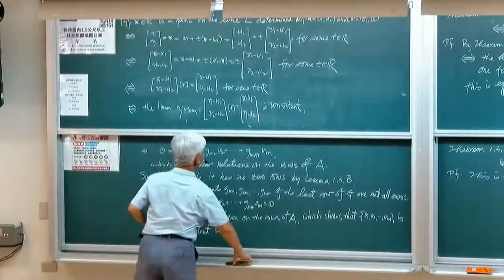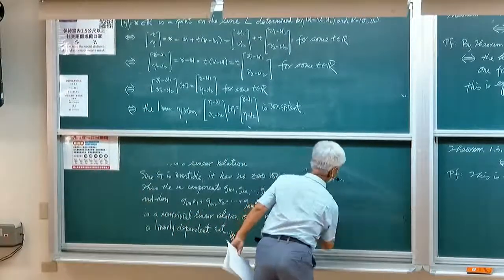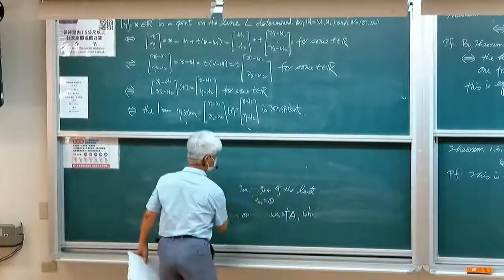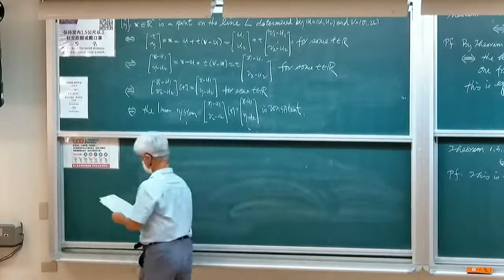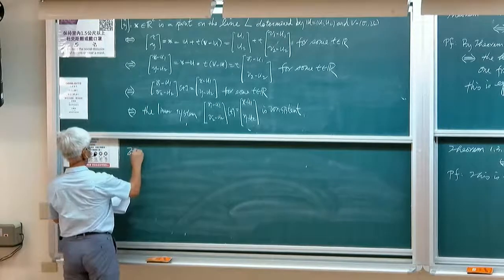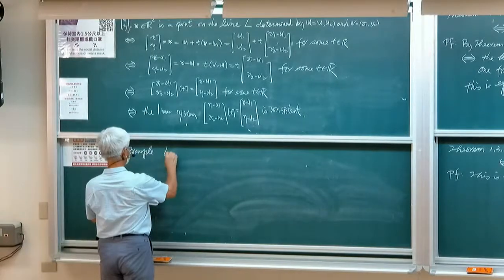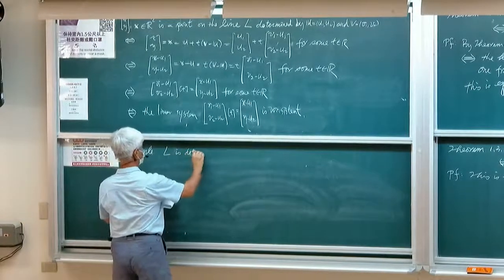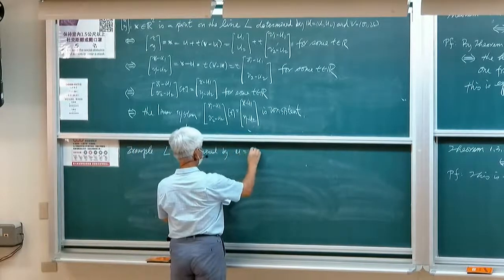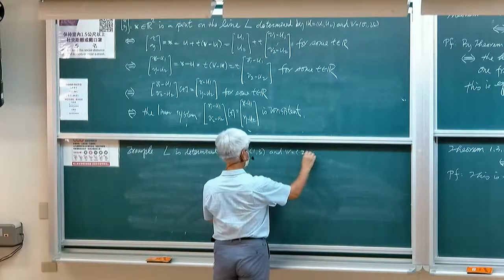So we take an example. L is determined by u equal to (1, 3) and v equal to (2, 1).